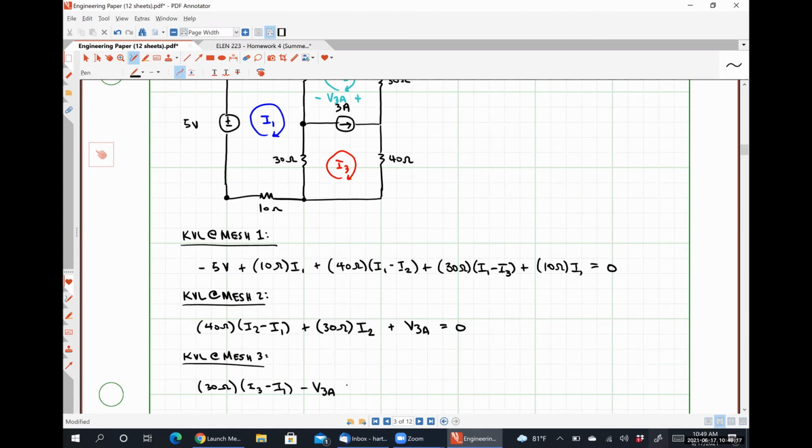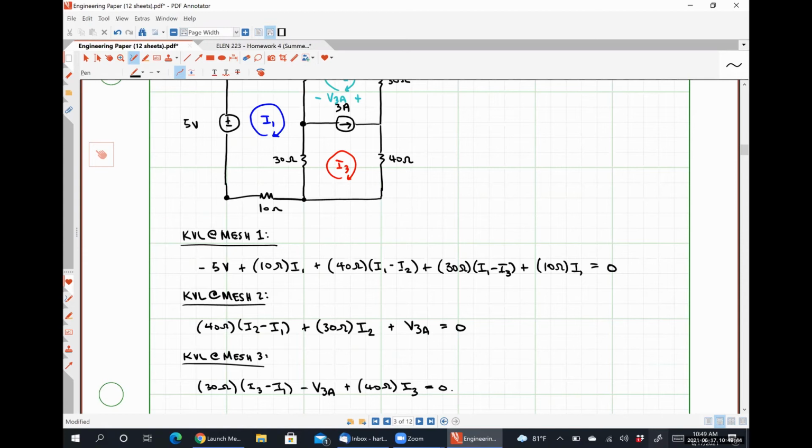And then I see my 40 ohms times I3, and I set it equal to 0. Okay? So I have a problem here, inasmuch as I have 3 equations and 4 unknowns.